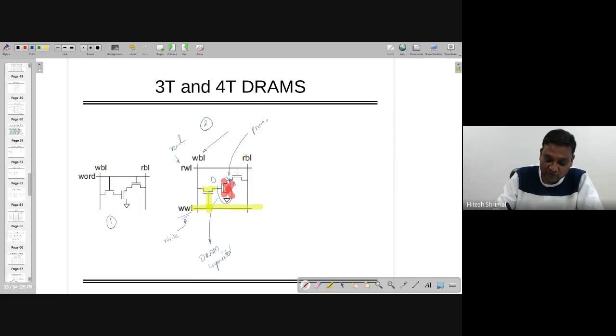So the previously stored value, right? And whenever you want to read this one, I need to use this read transistor with the read word line signal. So when I'm doing this, I can have the output as logic 1 or 0.